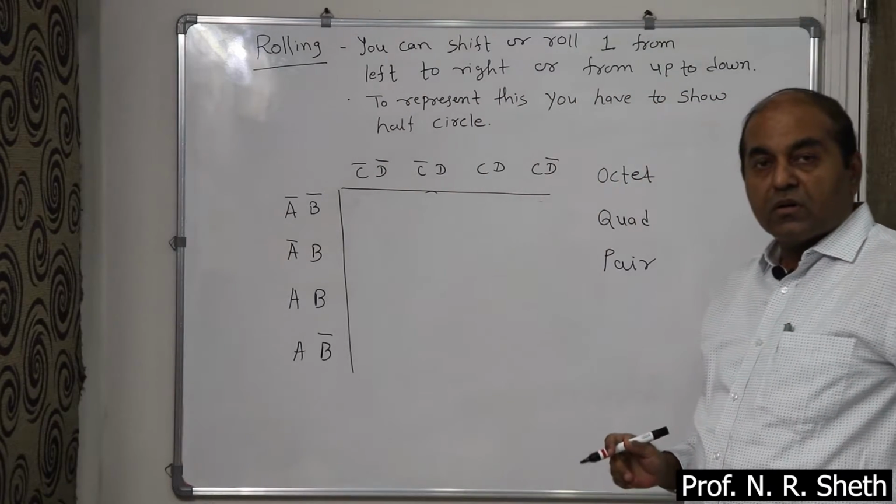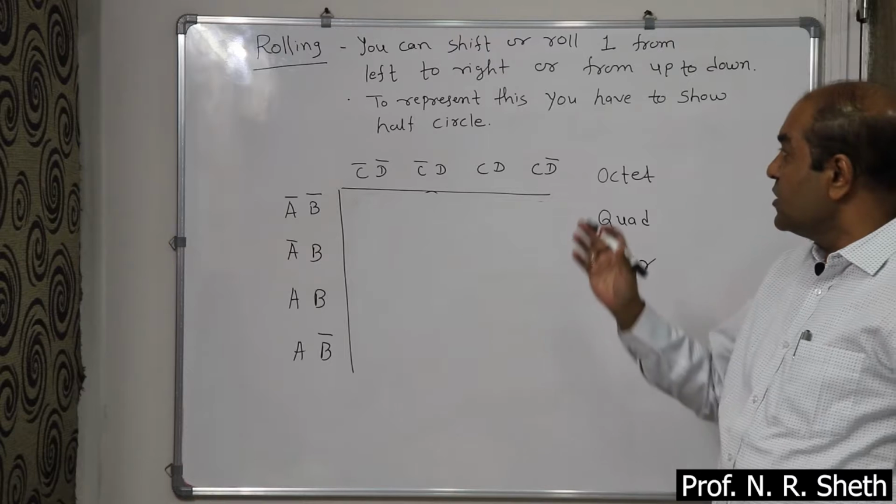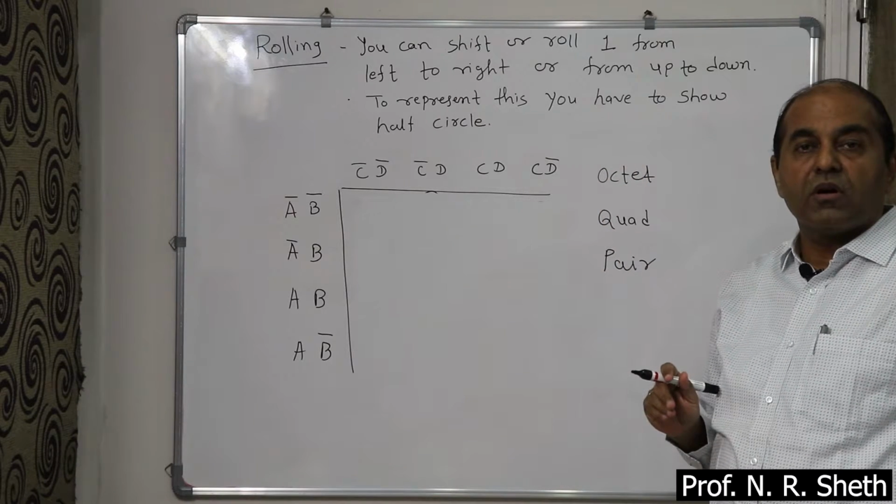I will show you here. By using half circle, you can show the property of rolling.